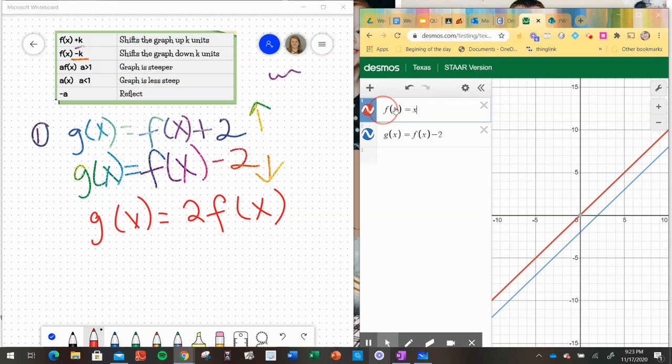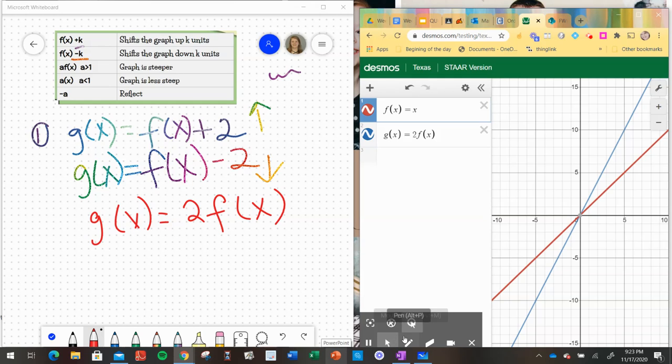So again, I have my f(x) = x as the beginning, and then I'm going to go ahead and graph 2f(x). A good way of looking at steepness is, as it's moving, if it's going to get closer to the y-axis, then we know that it's going to get steeper.